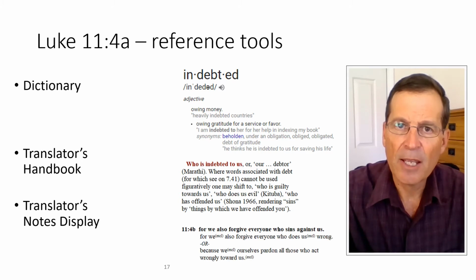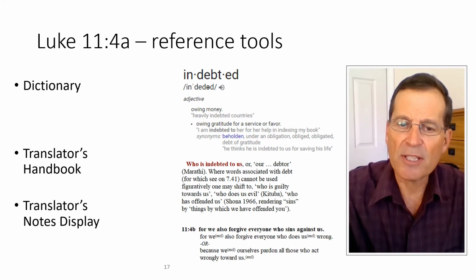And then in Translator's Notes display, we see that they have translated this with, "For we also forgive everyone who does us wrong," or "because we ourselves pardon all those who act wrongly toward us."